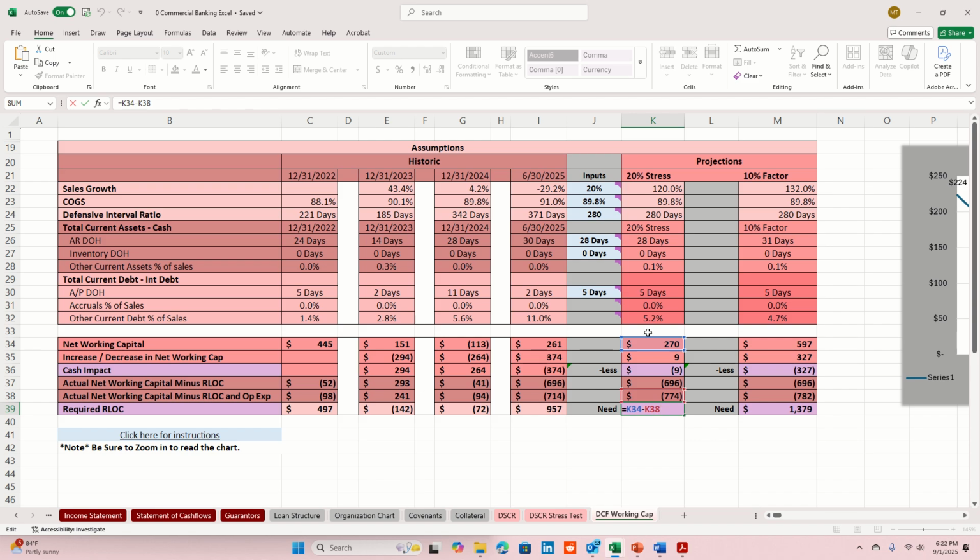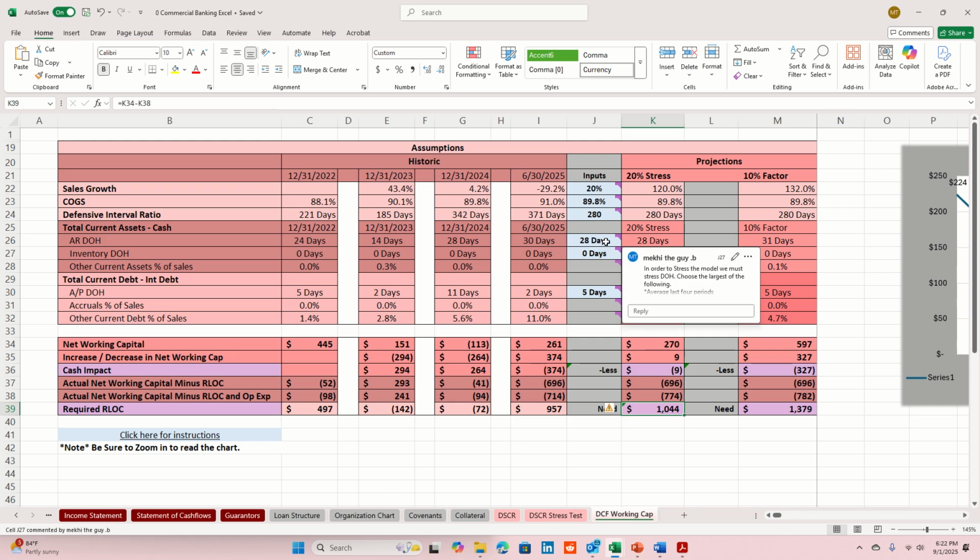We have our not net working capital, right? And then we have this right here, which takes out the amount of cash that we've already borrowed, and then it takes out our current operating expenses, and that's going to tell us how much cash we need in order to finance this company. So we need $1 million if we have a stressful year.